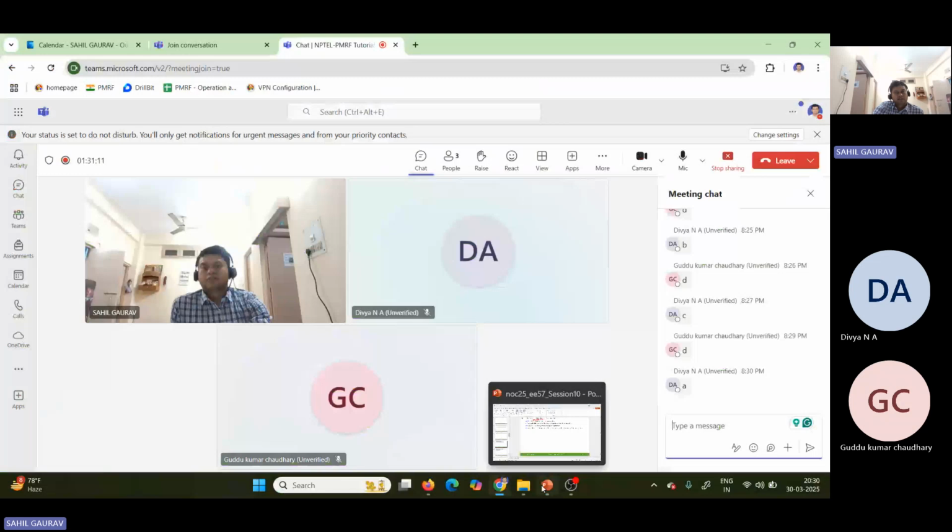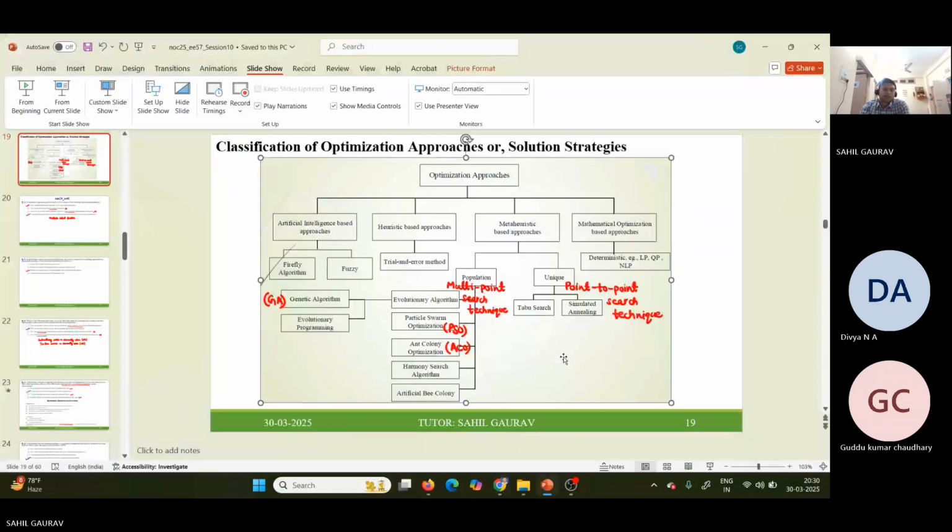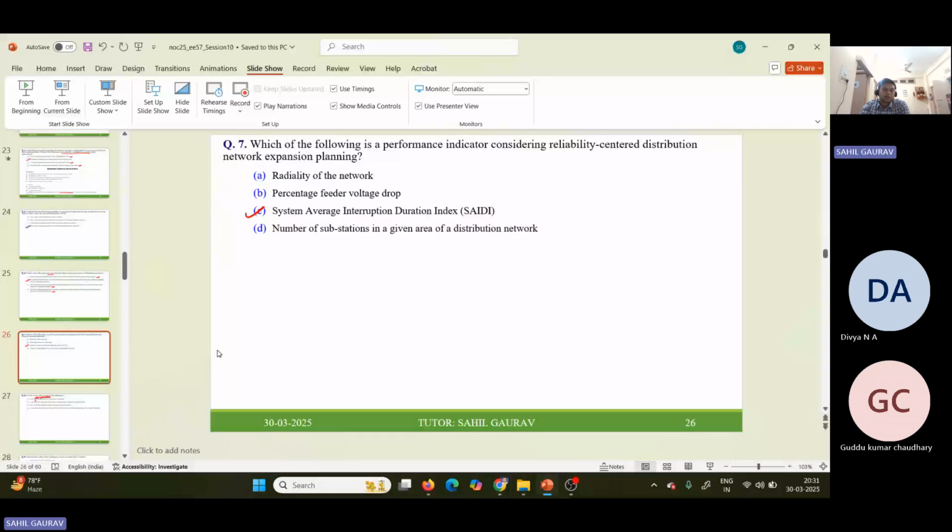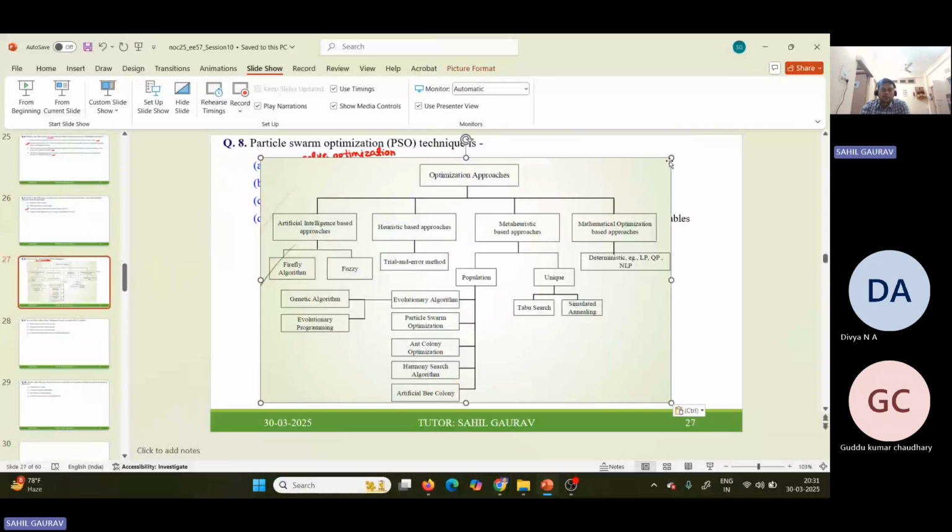So this one is a good table, you can say this. Here, sir has provided all the optimization approaches.